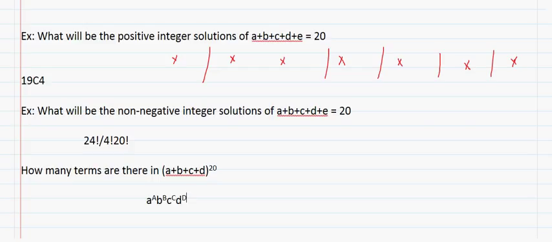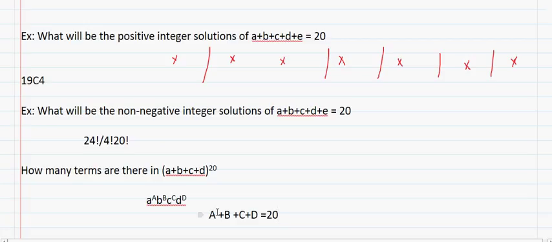So these a, b, c, d can take values from 0 to 20, such that a plus b plus c plus d is equal to 20 as well, right? In each term there could be a, b, c, d such that a plus b plus c plus d is 20, which means it's similar to finding non-negative solutions for a plus b plus c plus d.